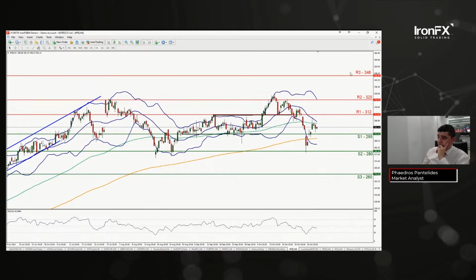So you have, I actually broke below S1, validated S2 at 280 using the wick of this bearish candle, opened above, second candle validating support at 295, still below the mid range. And with the lawsuit continuing, I would not be surprised if the stock price moves towards lower ground.